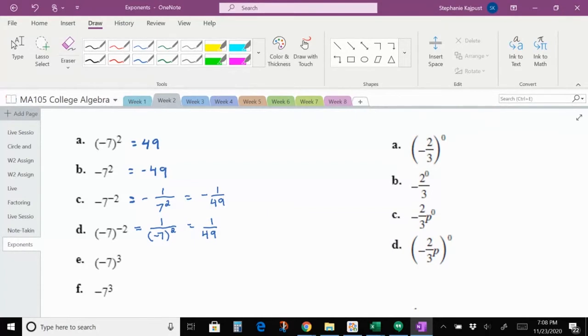It's going to be -7 times -7 times -7. And so that gives us 3 negatives. 2 of them cancel out, and so our final answer is negative. So the parentheses and the -3 cubed is going to give us a negative answer back, and then 7 cubed, which I need to grab my calculator for, is 343.